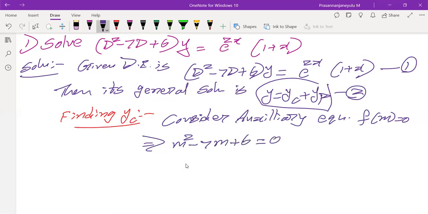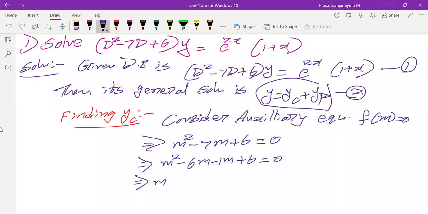How can we write 7m as a product of two values? Their product is 6 and their sum is 7. So how can we take it? Minus 6 and minus 1. So m square minus 6m minus 1m plus 6 equals 0. Minus 6 minus 1 addition is minus 7 and their product is plus 6, so it is acceptable.